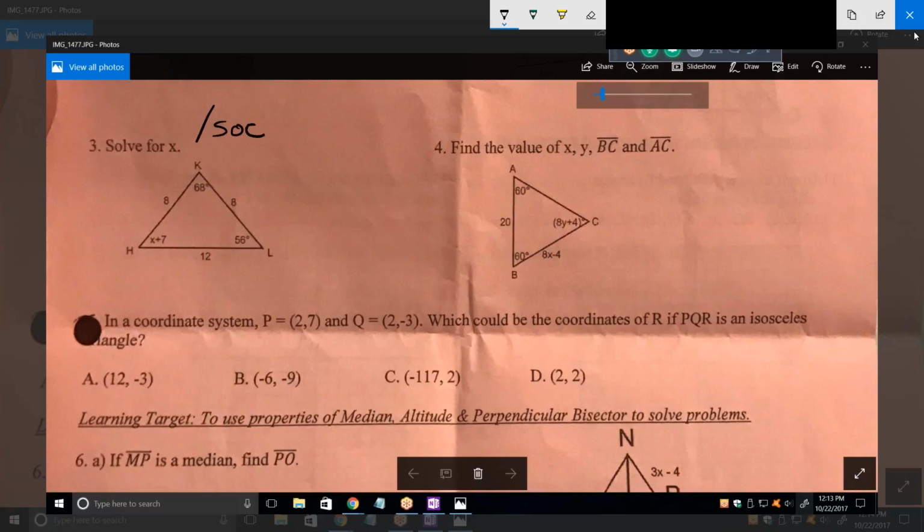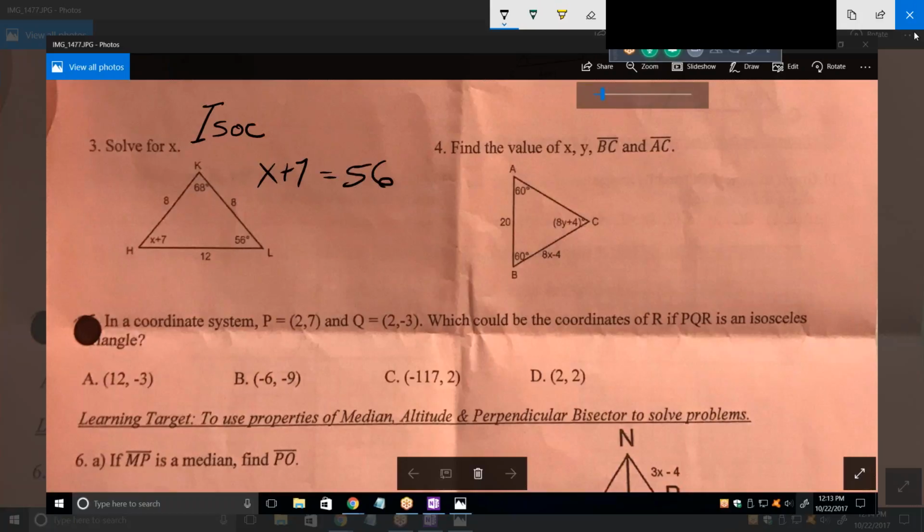So give me an equation that I can write regarding something that has x in it. x plus 7 equals 56. Correct.